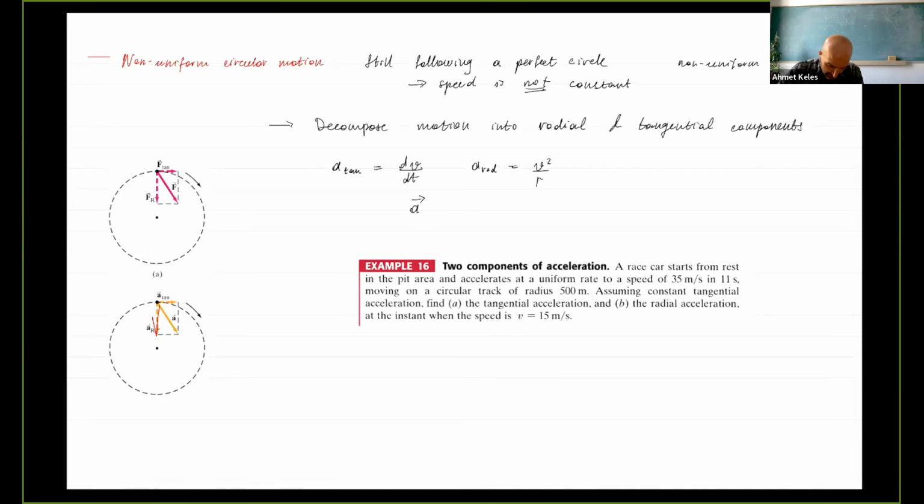The full vector a, the entire acceleration, is equal to a tangential, the magnitude along the tangential direction, times, maybe I can put a vector to indicate that I'm talking about this direction, and a radial, times the vector in this direction.